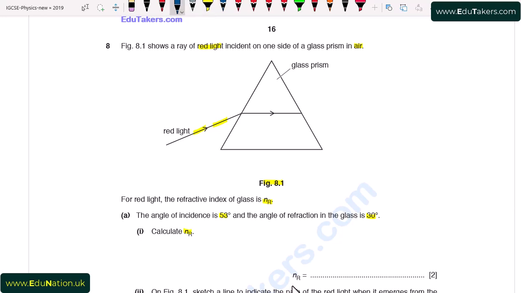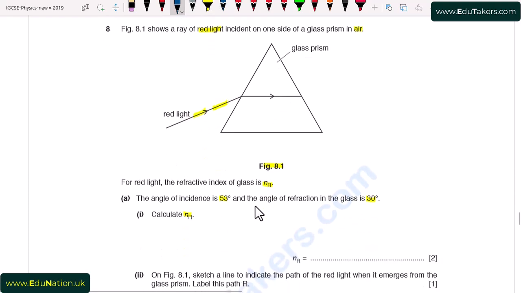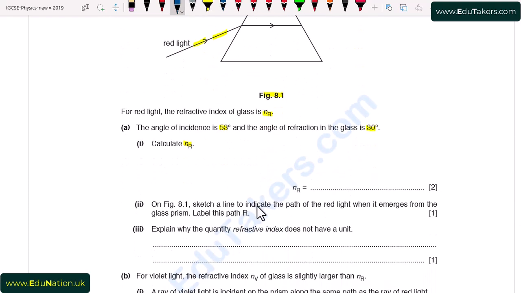So I write here refractive index is the ratio of sine of angle of incidence to sine of angle of refraction. I write here n of r will be equal to sine of incidence angle over sine of refraction angle.